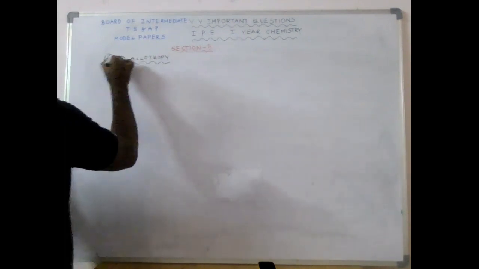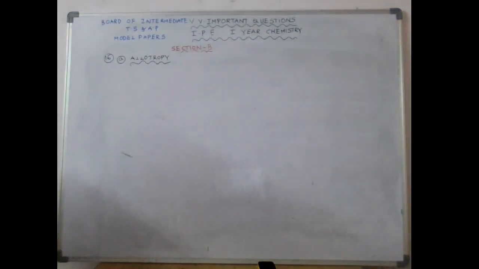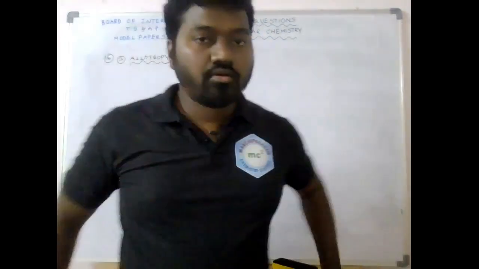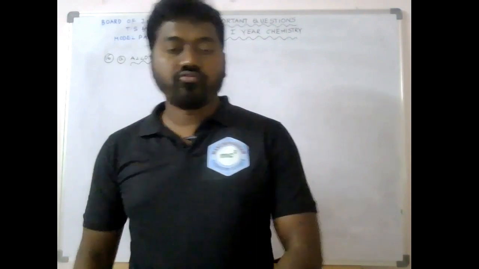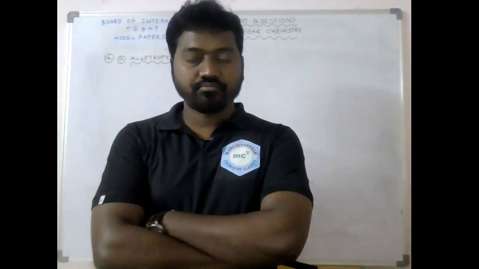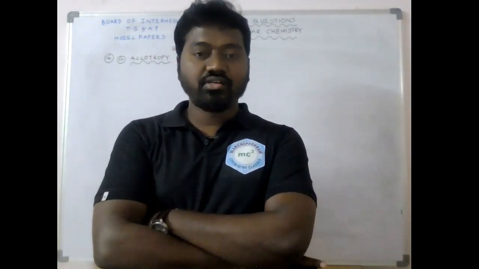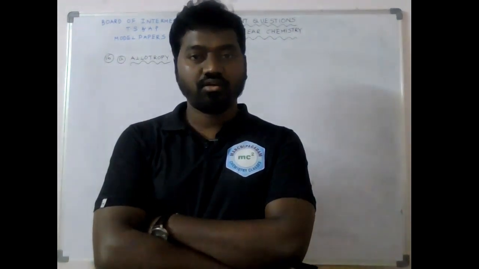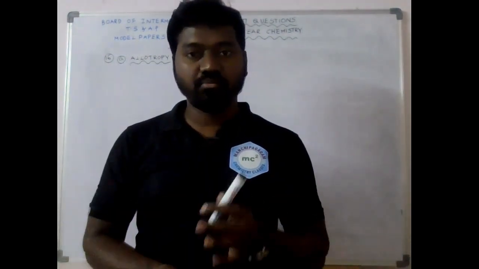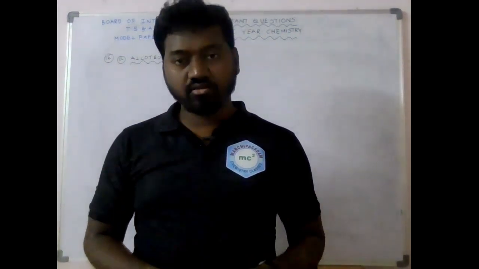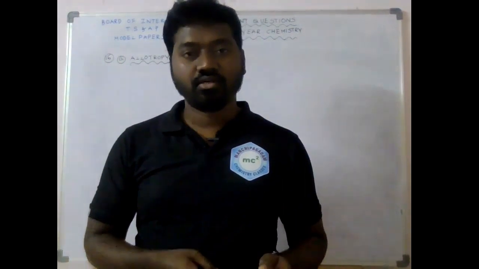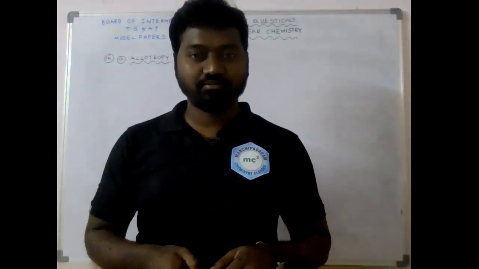Allotropy means the phenomenon of the same element existing in different forms is called allotropy. Very simple. You can take the twins example. Both of them look alike, but the properties are different.